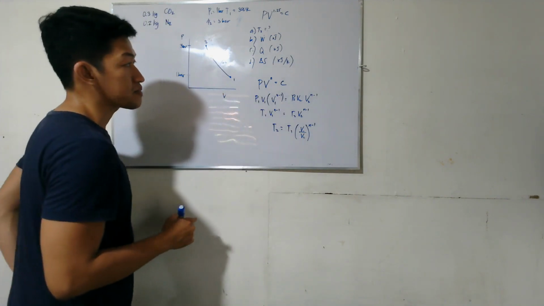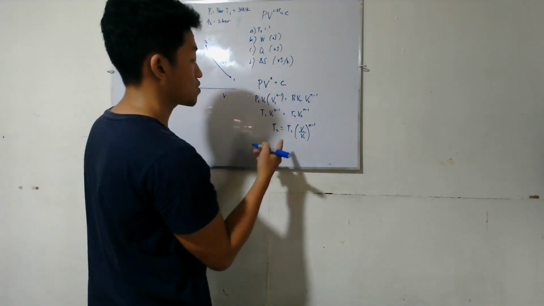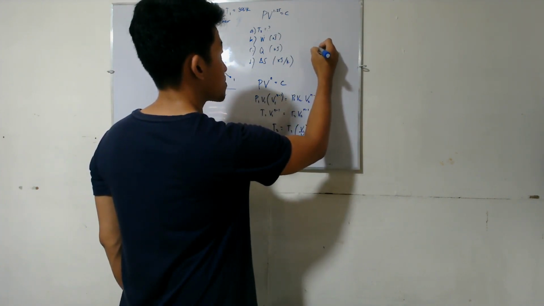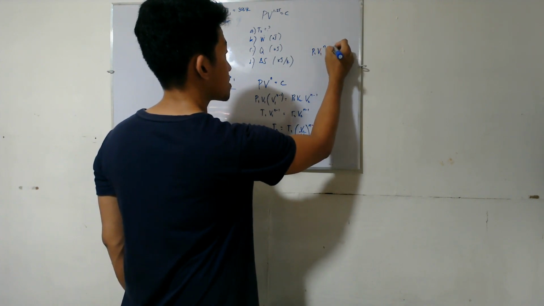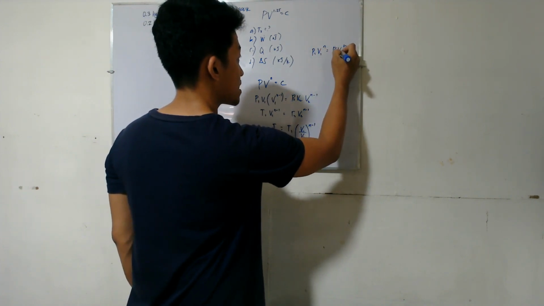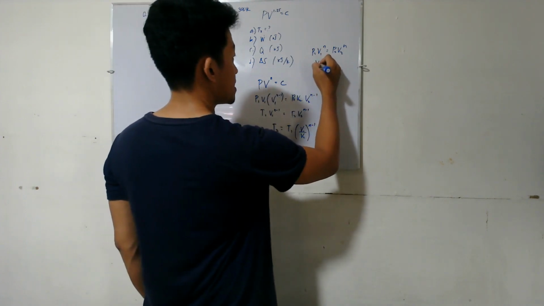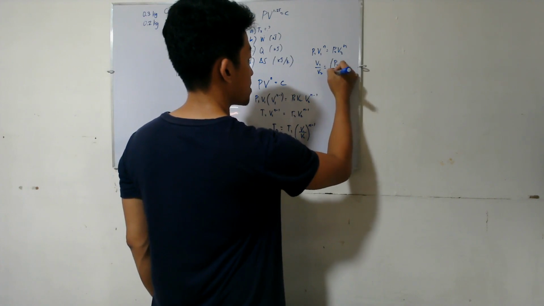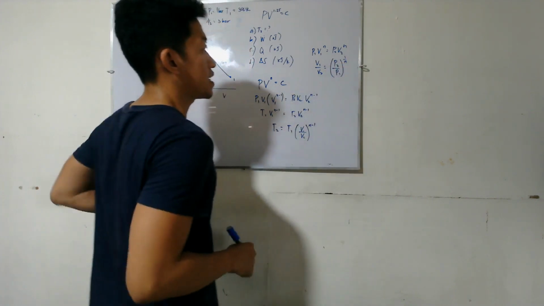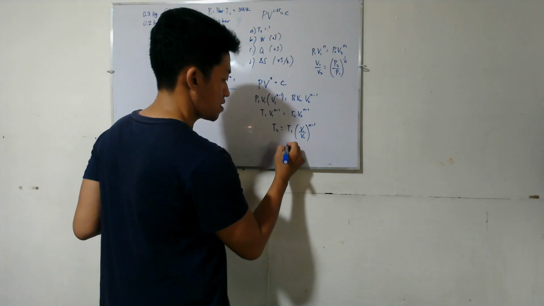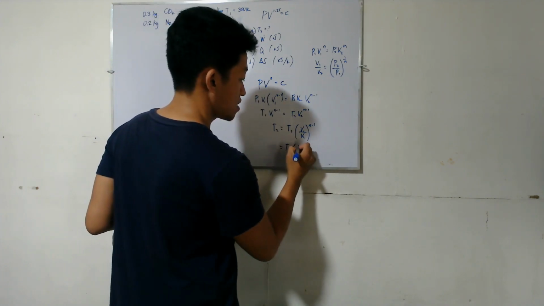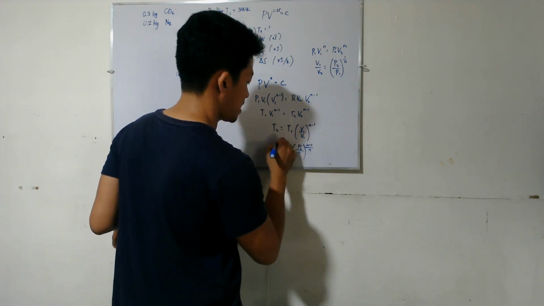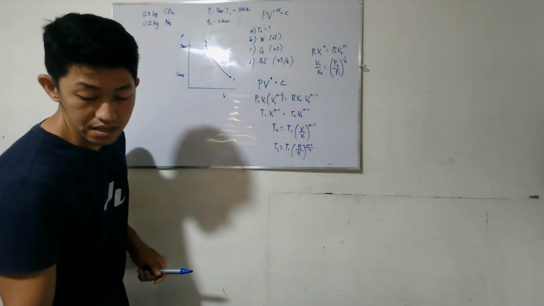And then, the volume is not given, but you are given the pressure. So again, we use P1 V1 to the n equals P2 V2 to the n. So V1 over V2 is just P2 over P1 to the 1 over n. Therefore, T2 is T1 times P2 over P1 to the n minus 1 over n.